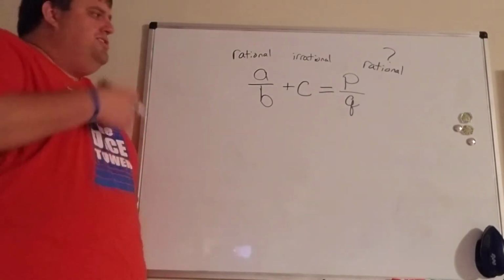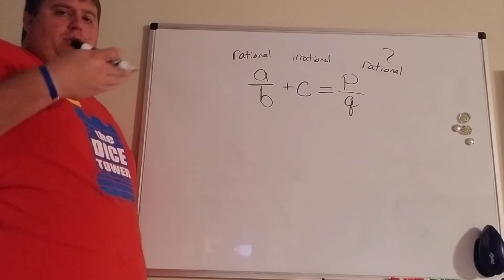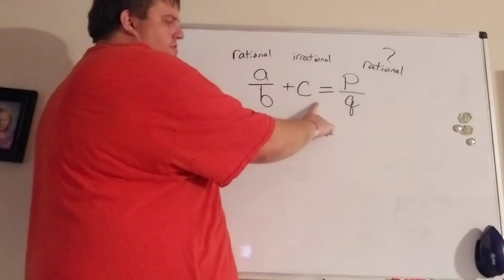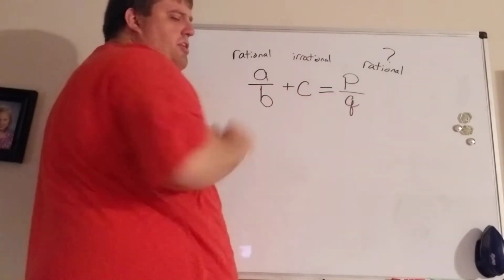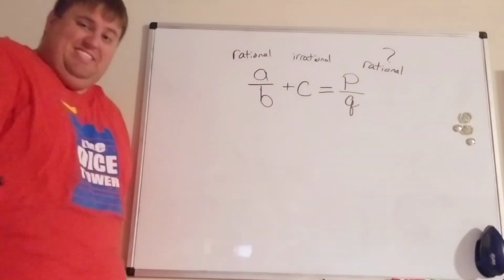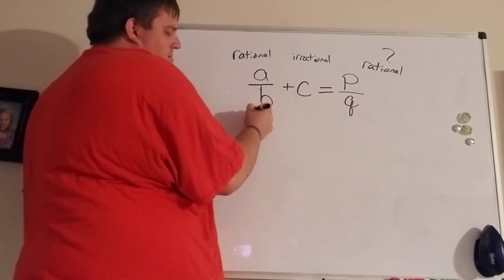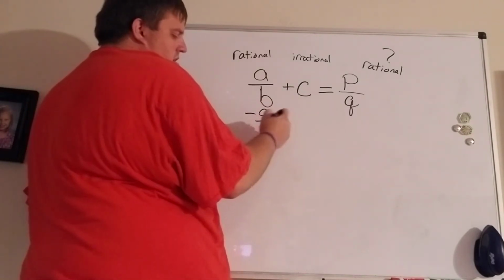Well, if this is true, let's go backwards. Let's solve this equation for C and see what the irrational number would have to look like and see if that makes sense. So if I want to solve this for C, I'm going to have to subtract a over b from both sides, which I can do.